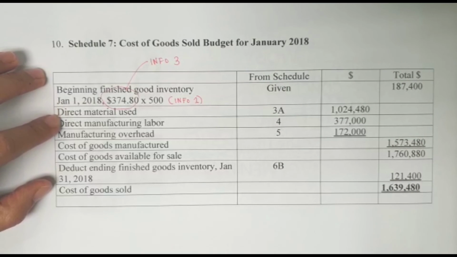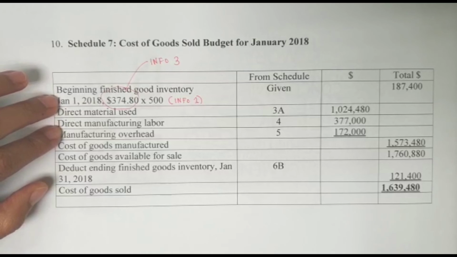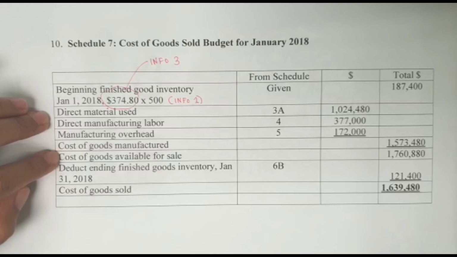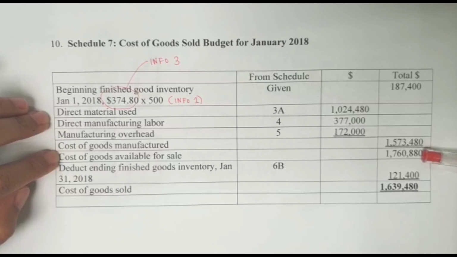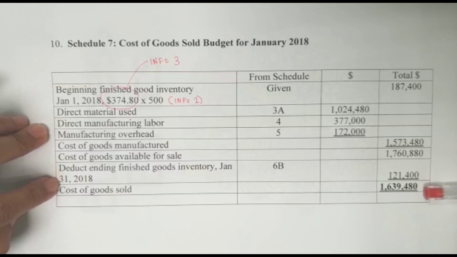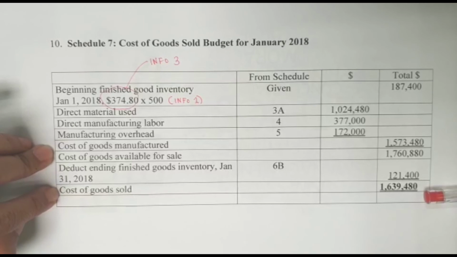We add direct material used, direct manufacturing labor, and manufacturing overhead to get the cost of goods available for sale, and then we deduct the ending finished good inventory.